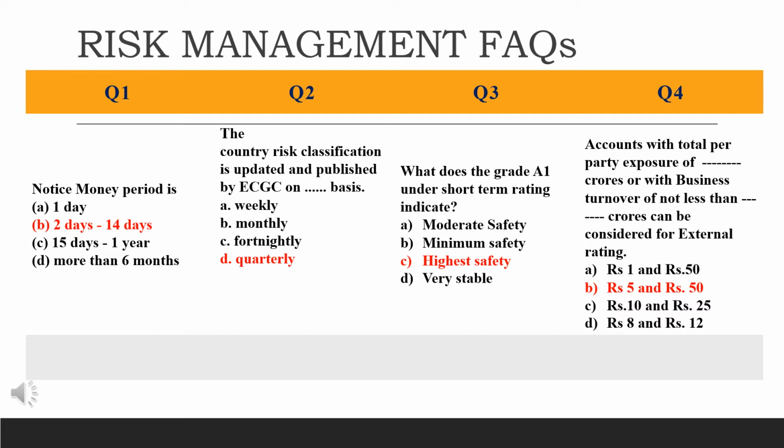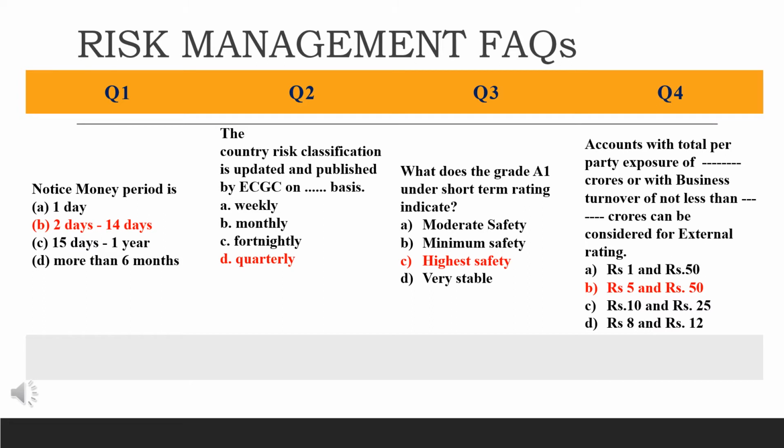Okay, that is A1. A2 is also there. You need to remember what is A1, A2, A3, A4, D and so on. A2 means the instruments with this rating are considered to have a strong degree of safety regarding timely payment of financial obligations. Therefore, it carries low credit risk.